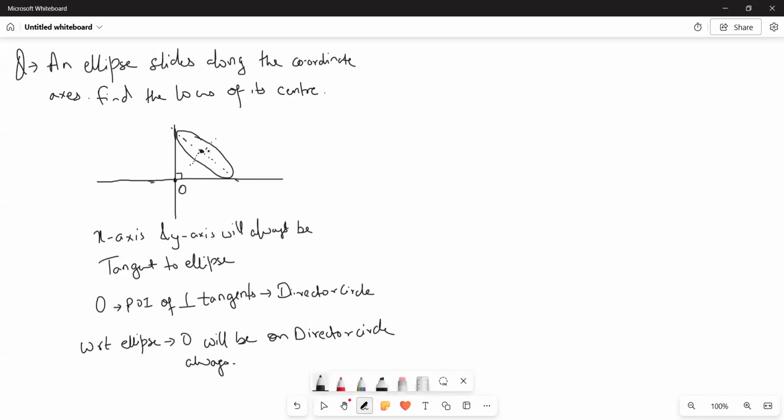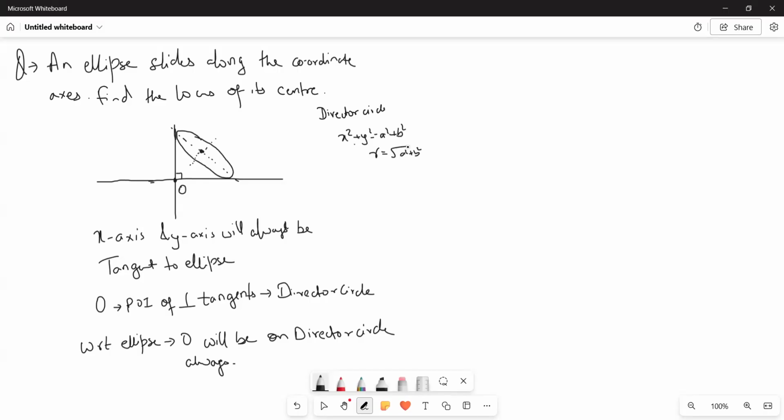And for the standard ellipse, what was the equation of the director circle? x square plus y square equals a square plus b square, which means the director circle is always concentric with the ellipse. And what is the radius?